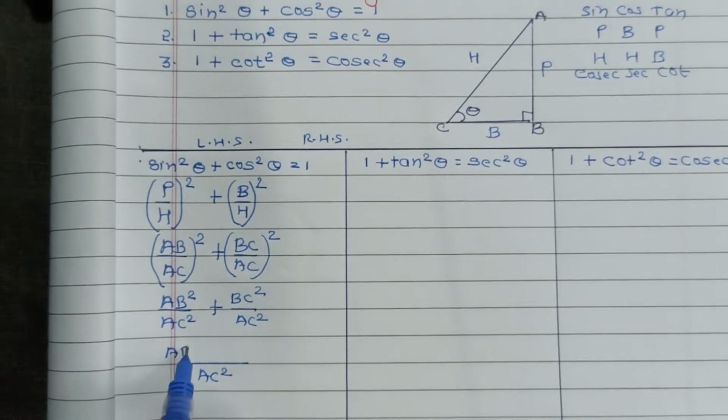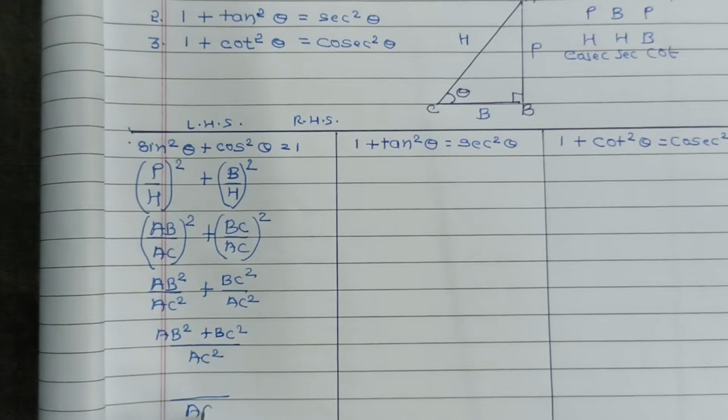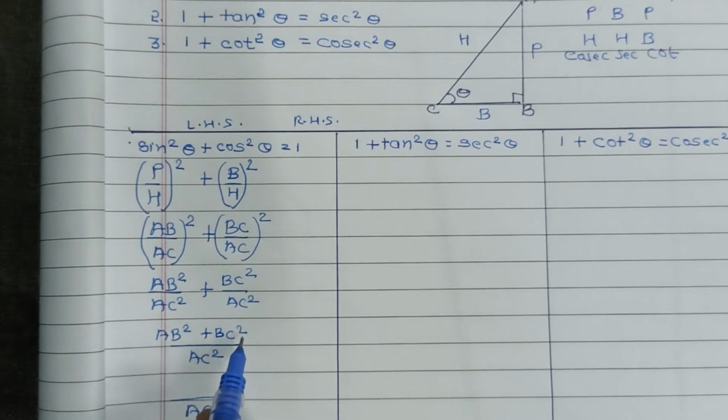So AB square plus BC square over AC square.